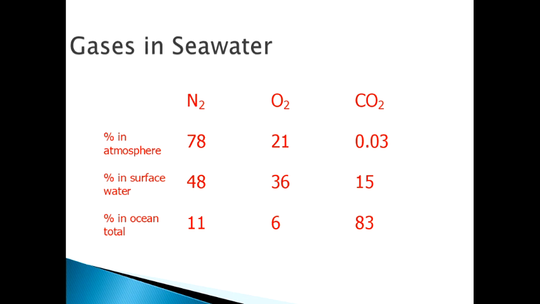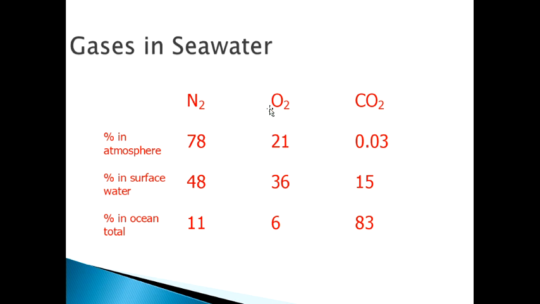I want to talk about another aspect of ocean water, seawater, and that is the dissolved gases within the ocean. If you look at the upper row here, it says the percentage in the atmosphere. And there are the major components of our atmosphere, what we're breathing today. A lot of people think that the atmosphere is oxygen.